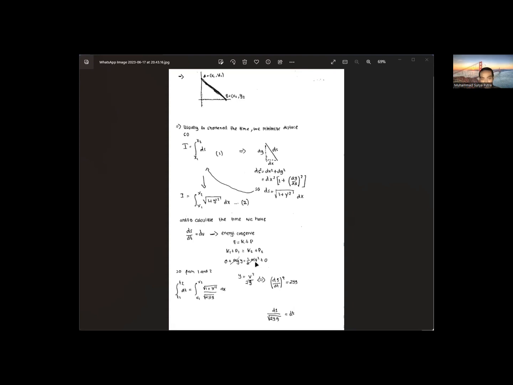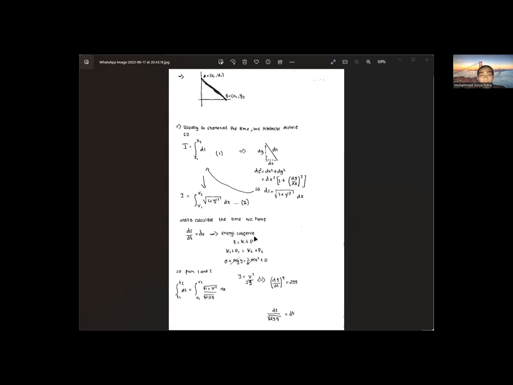Then at the end, at B, the kinetic energy is maximum, so we have half times mass times velocity squared. Because there is no height for the carriage of the roller coaster at B, the potential energy equals zero.